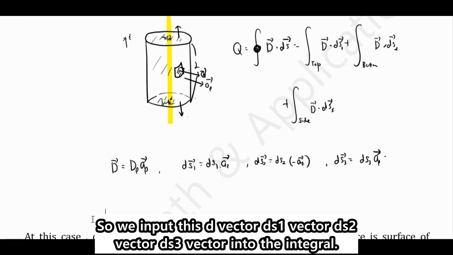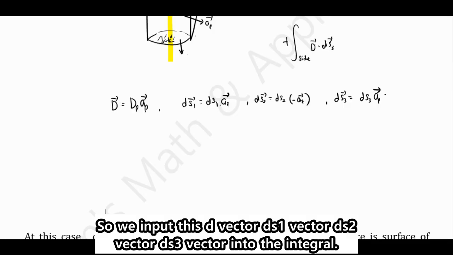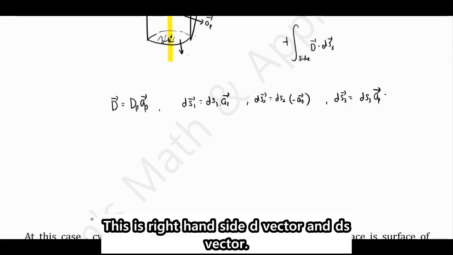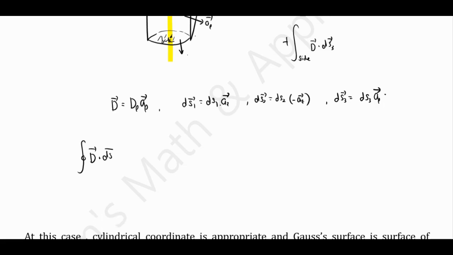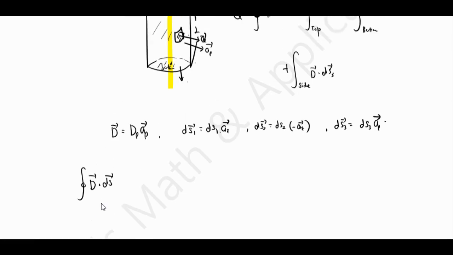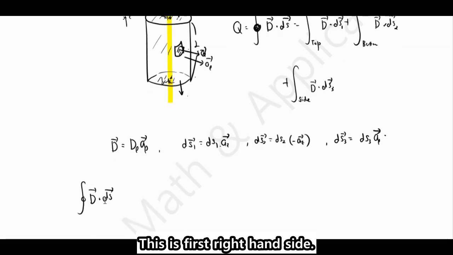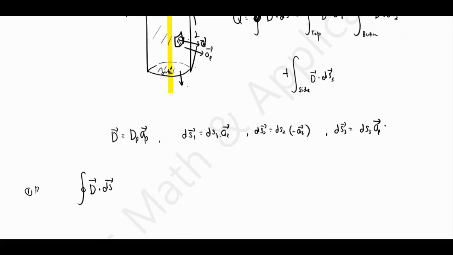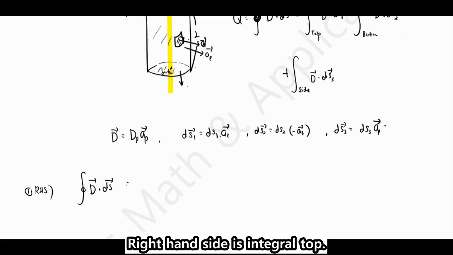So we input this D vector, dS1 vector, dS2 vector, dS3 vector into the integral. This is right hand side, D vector and dS vector. First, right hand side is integral top.